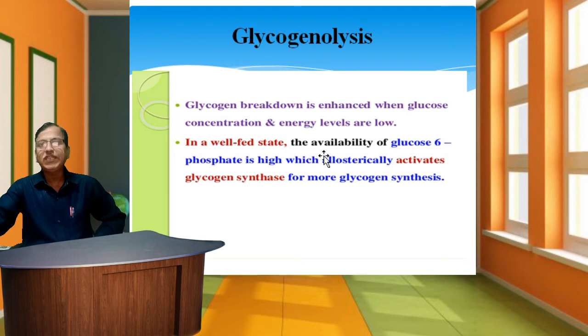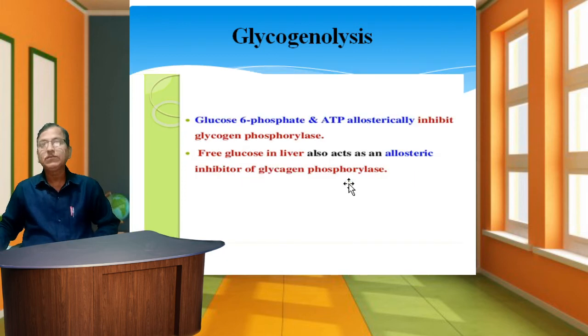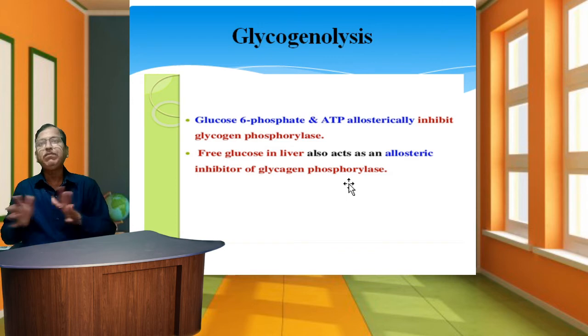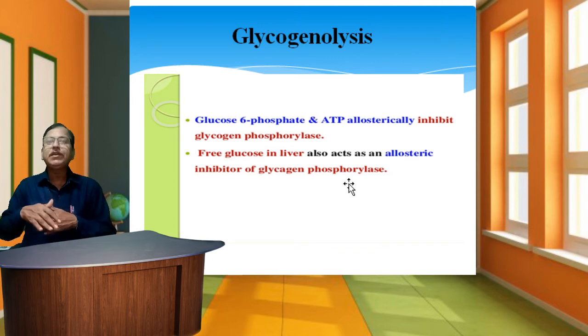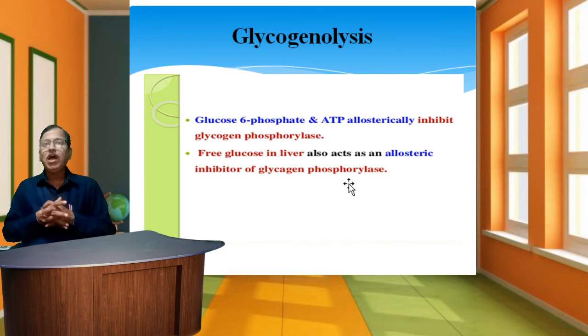In the well-fed state, glucose 6 phosphate is high and allosterically activates glycogen synthase. Glucose 6 phosphate and ATP allosterically inhibit glycogen phosphorylase. Free glucose in the liver also acts as an allosteric inhibitor of glycogen phosphorylase.